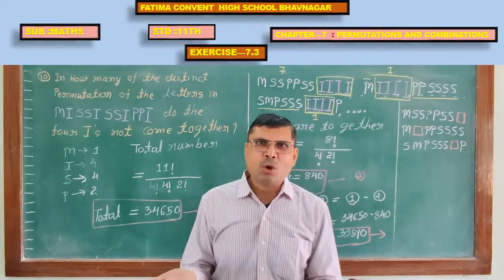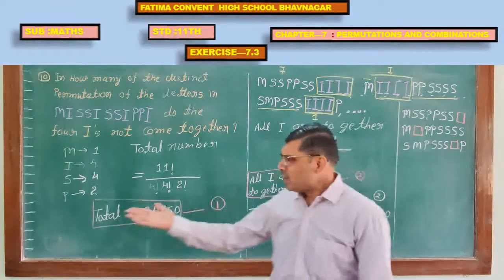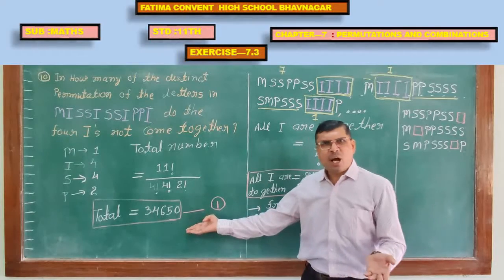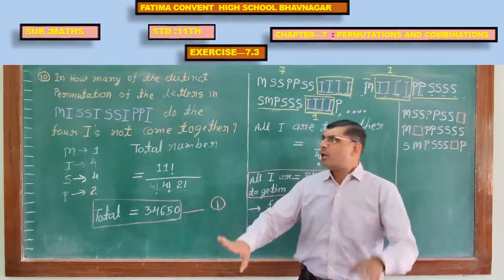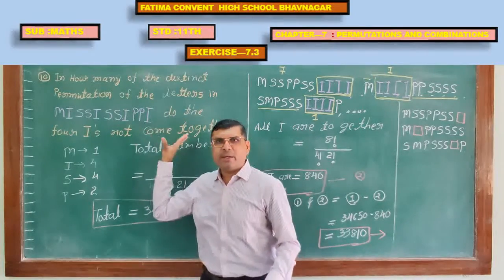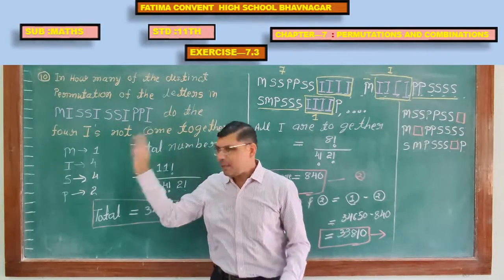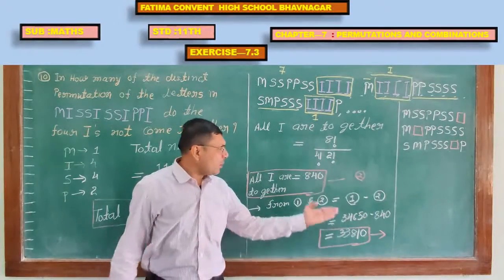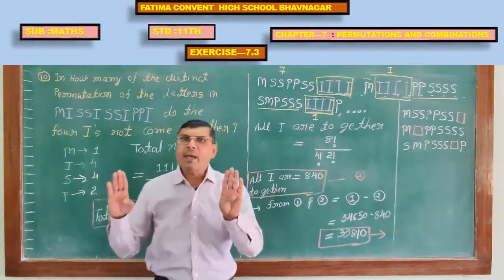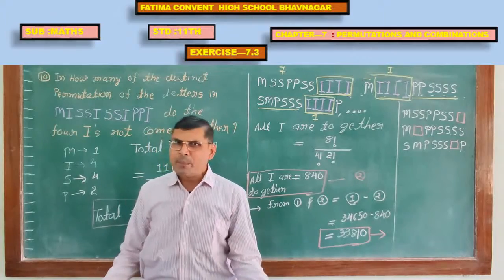Now your sum is almost over. This is the total possibility, the permutation where all the letters you can arrange with or without meaning in this way. But this is the condition, equation 2: all I's are together. Now subtract.